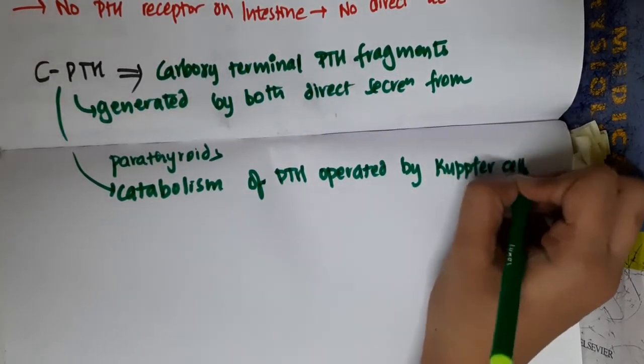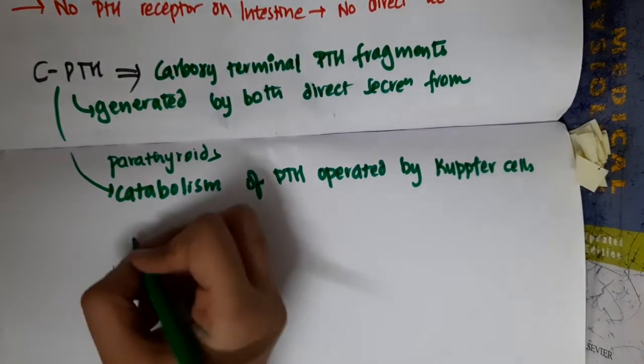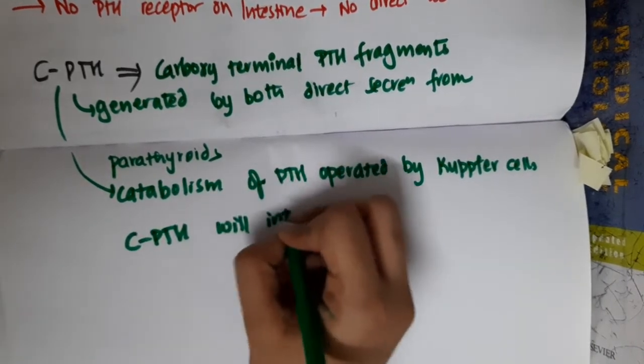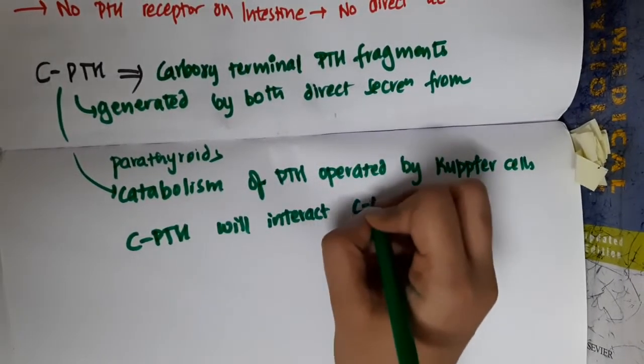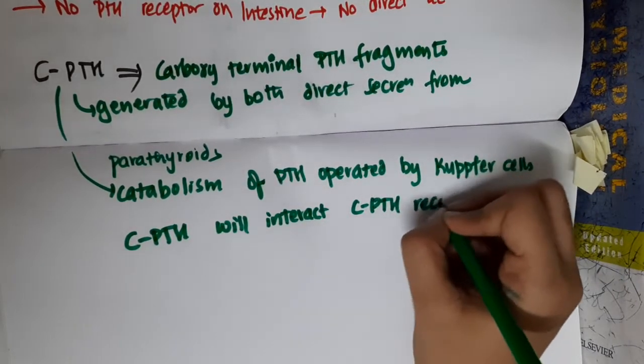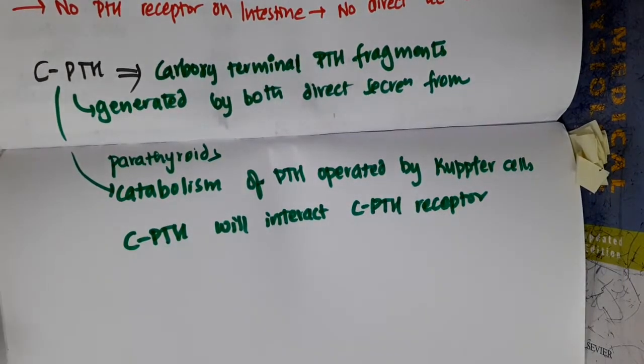By Kupffer cell degradation of parathormone, these are also generated. Okay, this CPTH will interact with the CPTH receptor. Carboxy terminal parathormone will interact with carboxy terminal parathormone receptor, which was already dealt.